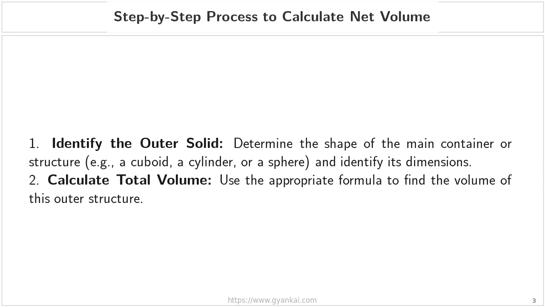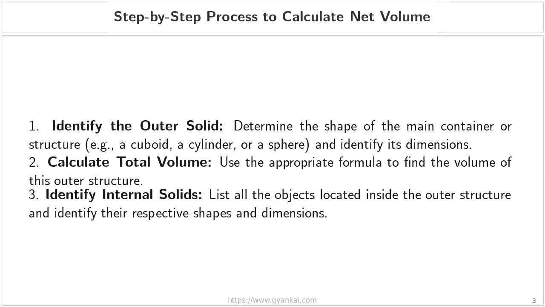Second, calculate the total volume. Using the dimensions you just identified, apply the appropriate volume formula for that specific shape to find the total capacity of the outer structure. Third, identify the internal solids. Just like you did with the outer structure, look inside the container and list every object taking up space.